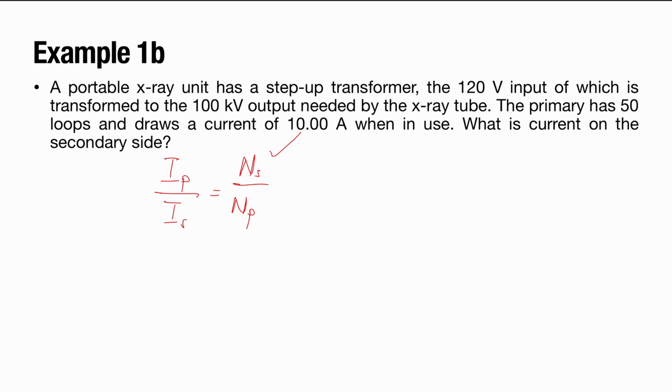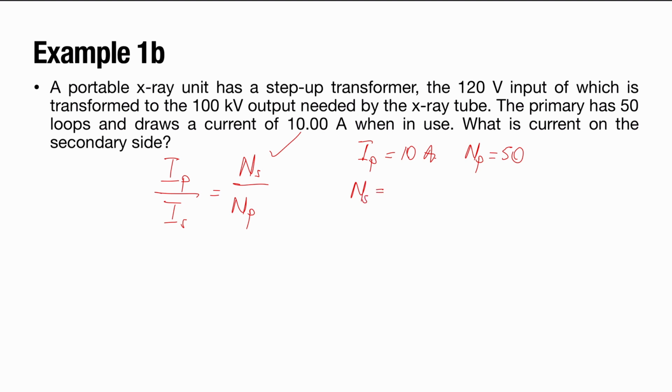In this problem, they've given us that the primary side has a current of 10 amperes. So on the primary side, we have Ip is 10 amperes. And we know that Np, the number of windings on the primary side, is 50.